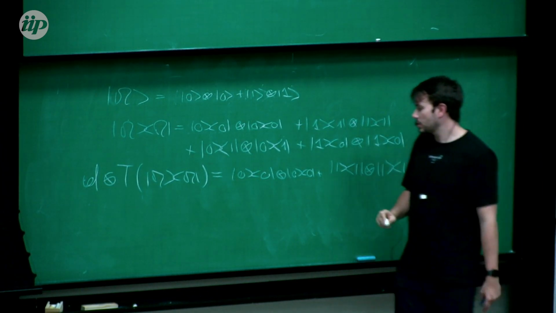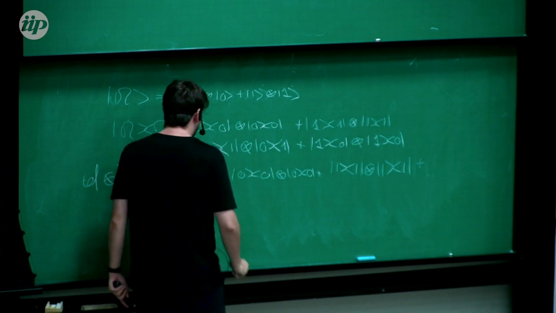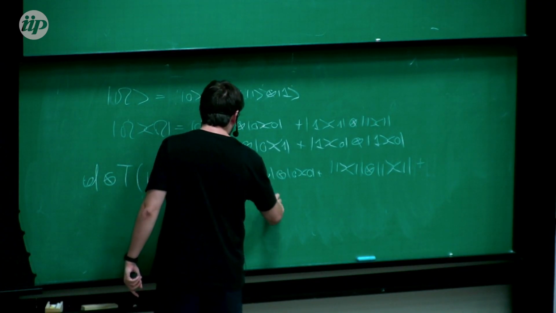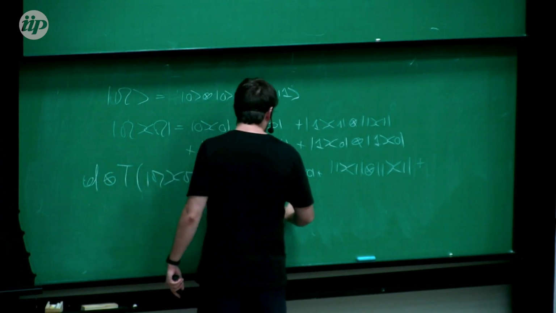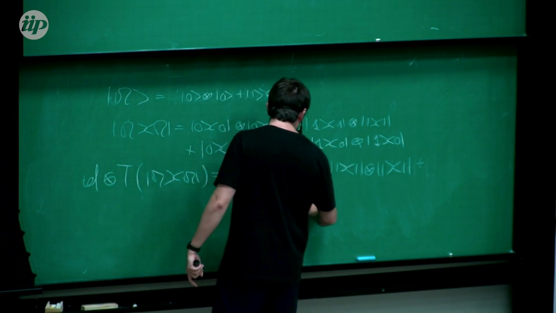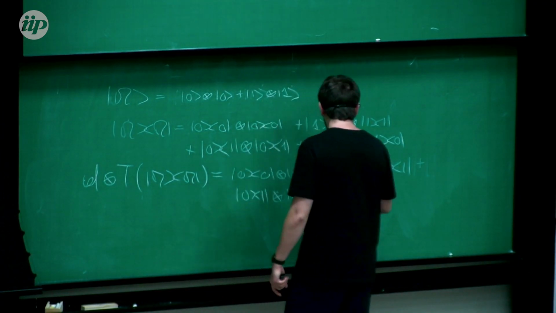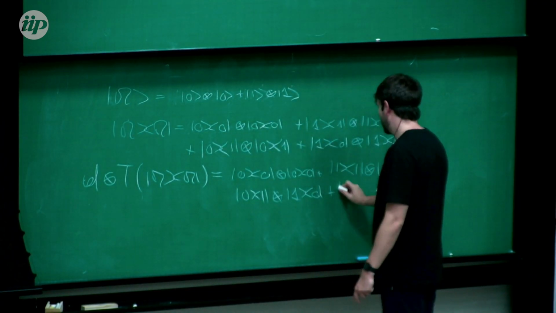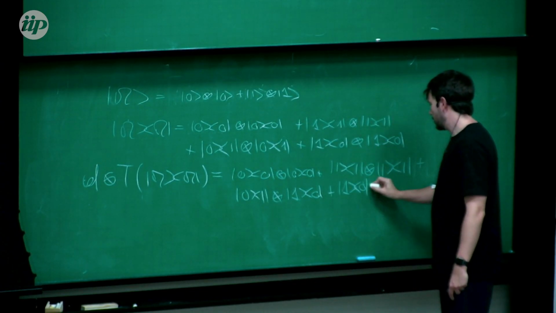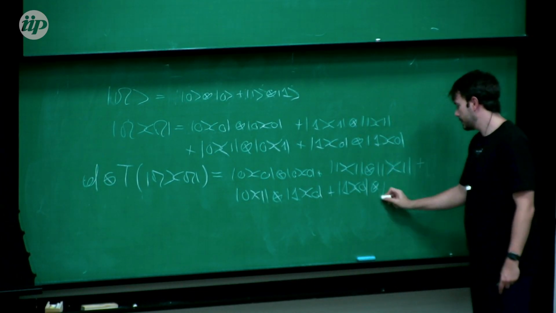Now let's go to the second part, where there is some action. So it's going to be 0 1 tensor, here we have to flip them, 1 0, plus 1 0, and here again we have to flip them.